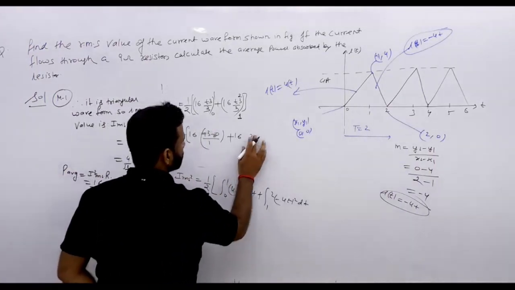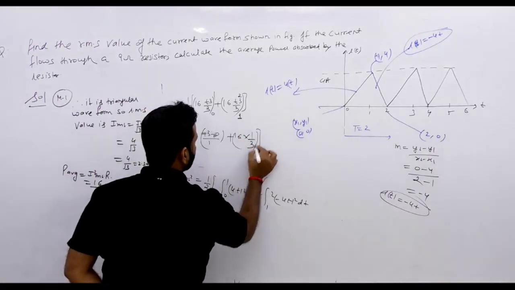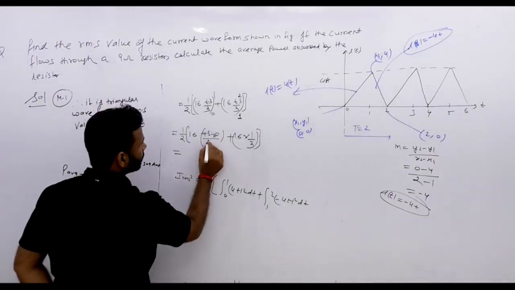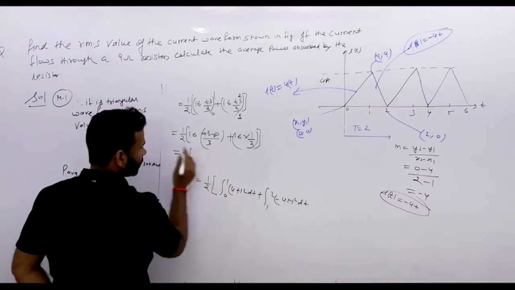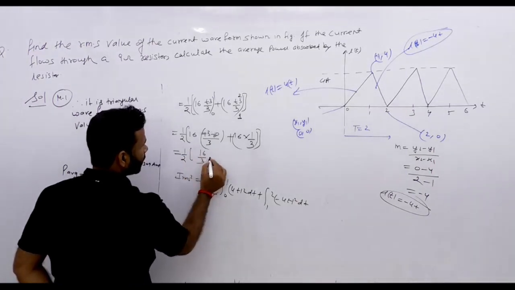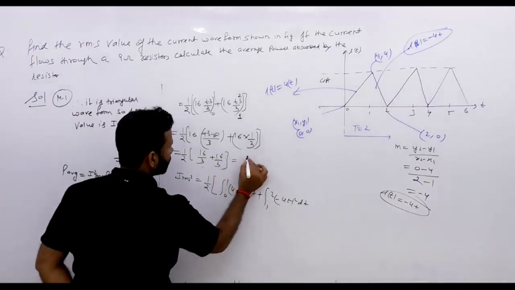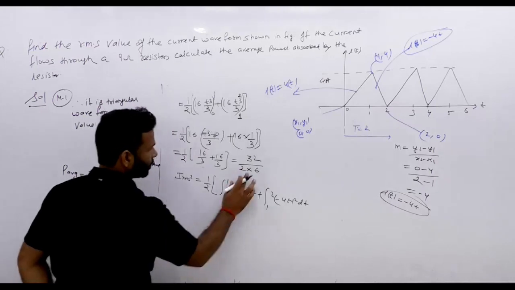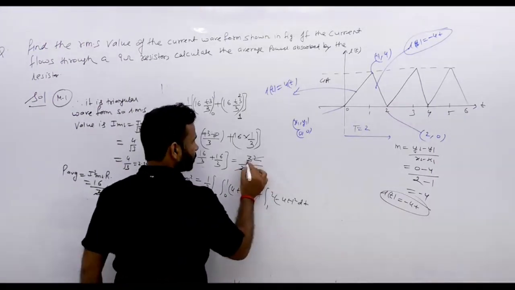Okay, so it is 1/3. Now if you solve this, then it is also 3. So it is 1/2, 16 by 3 plus 16 by 3. So we have 32 by 2 into 3. Okay, up to here. So if I simplify it, it is 16.